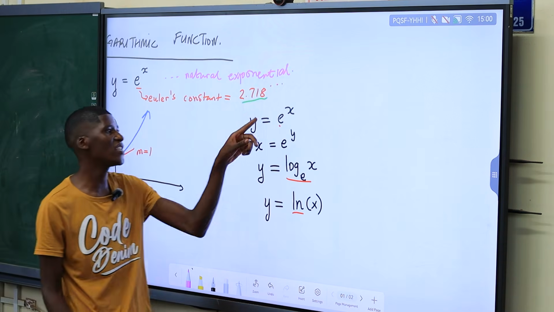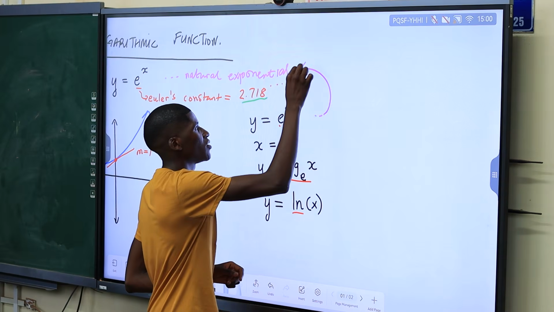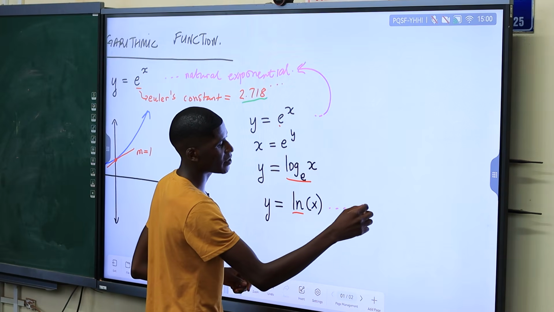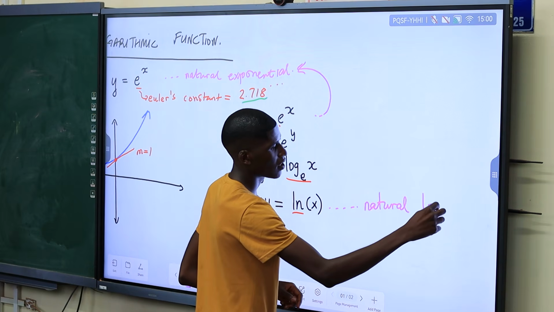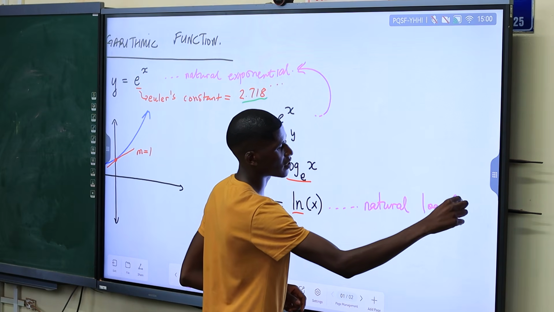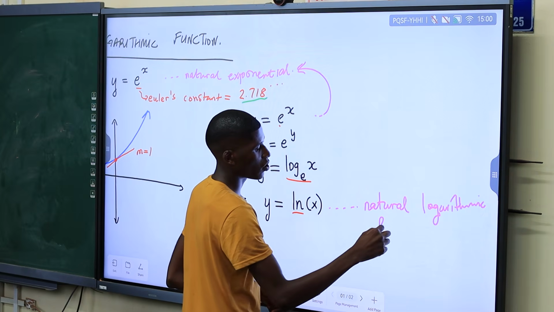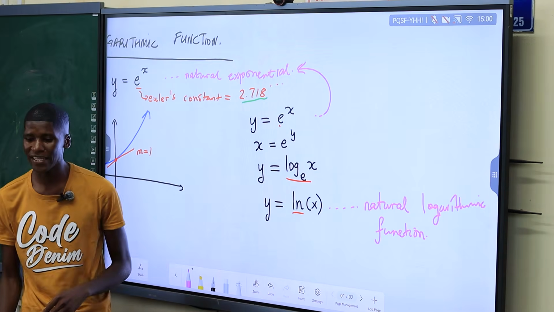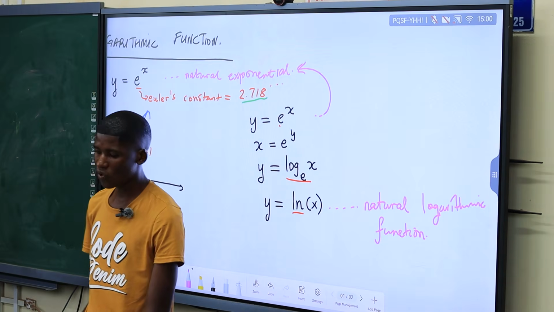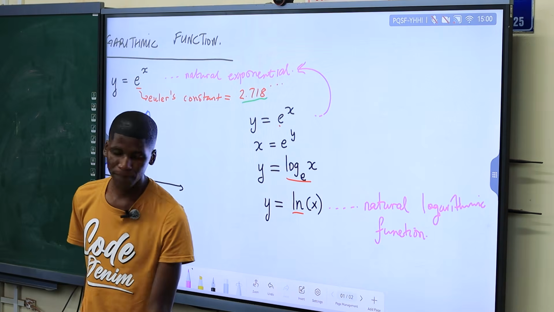I should say this one is a natural exponential. So what do we call this ln function? A natural logarithmic function. So this is y is equal to ln x.